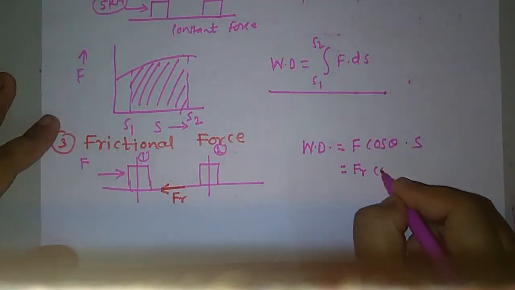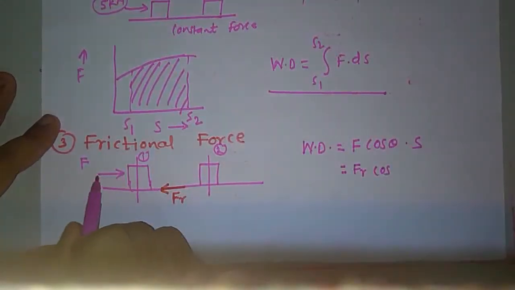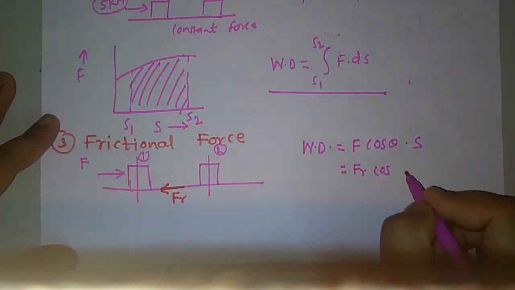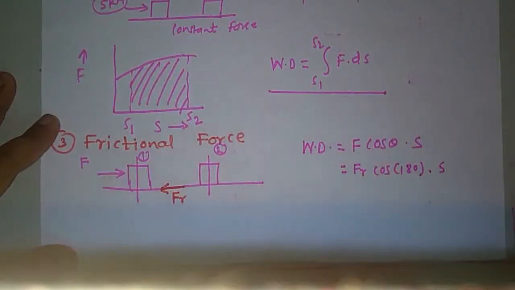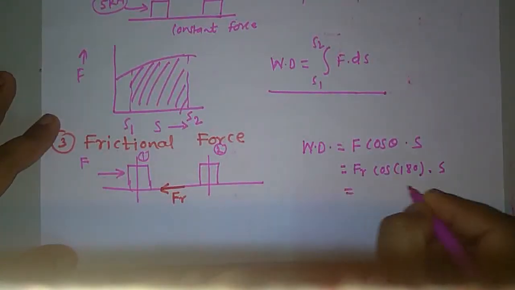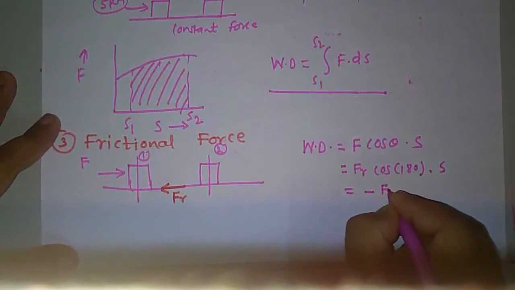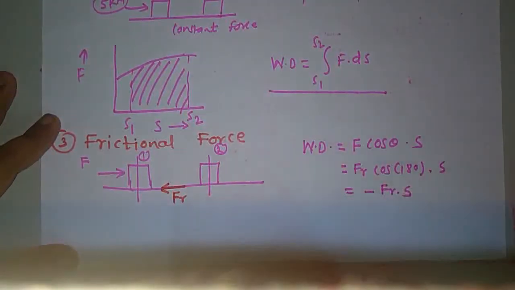Cos theta: if this direction is 0, but the friction direction is opposite, so theta is 180, into displacement. What is cos 180? It is minus, so minus Fr into S. So remember that work done by the frictional force is always negative.